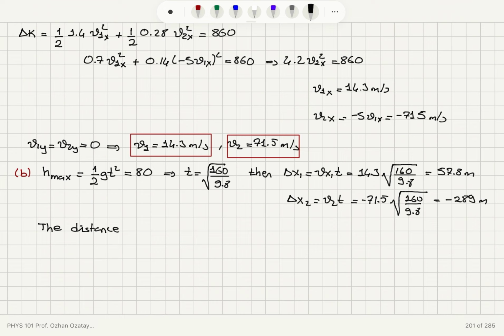If we take this as magnitude, this is plus, but I have to note that they have opposite directions. So to calculate the distance between the two fragments on the ground, it will be 57.8 plus 289, since one is moving in the opposite direction. So we find this distance to be 347 meters in total.